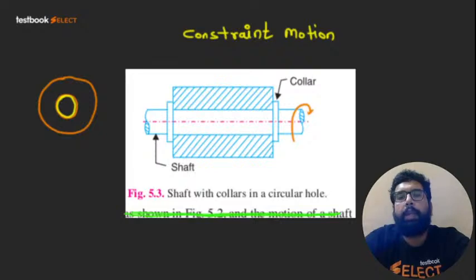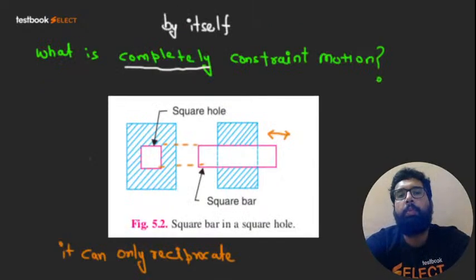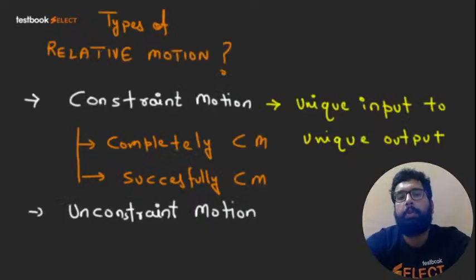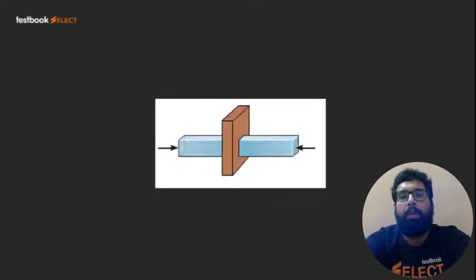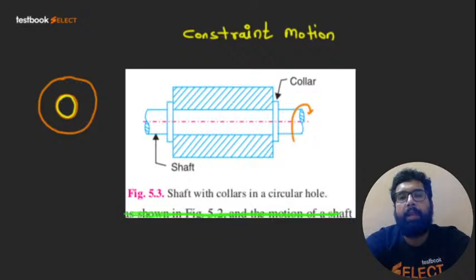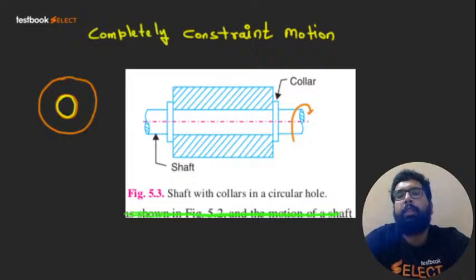Now I want to ask you, is it a successfully constrained motion or completely constrained motion? Please tell me. What was the completely constrained motion? It is constrained by itself. So definitely, sir, this is completely constrained motion because we cannot see any external aid or any external force implemented here, right or wrong, beta?